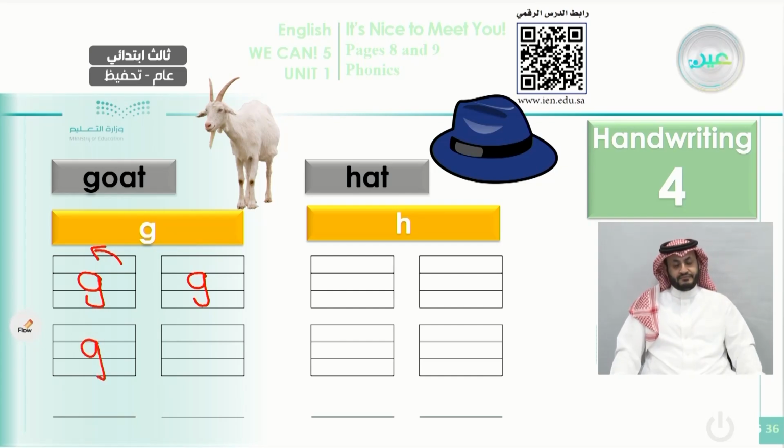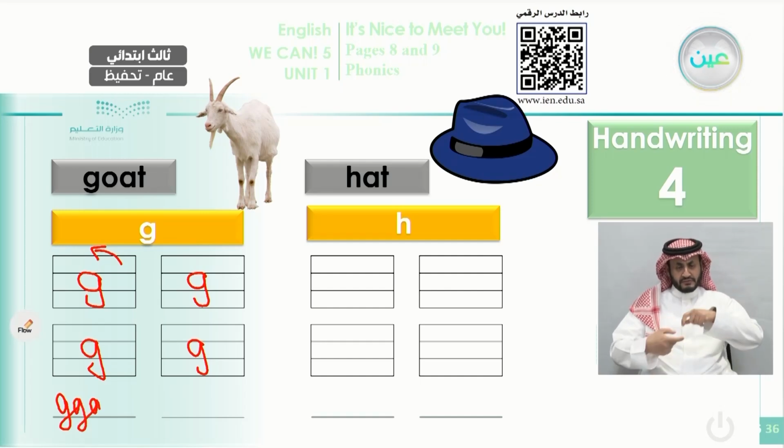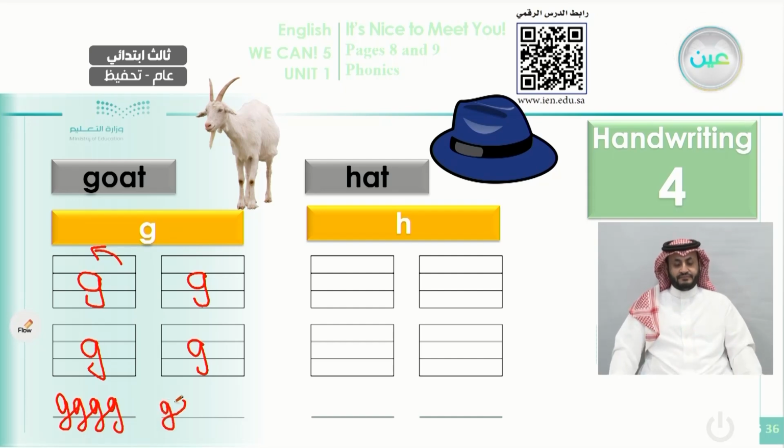G is to be written like this. Okay. Don't go beyond these lines. So this is how to write G. But if you want to write it in cursive, you have to do like this. Okay. It's very simple. Since you start correctly, you can write in cursive very easily. G like this also.